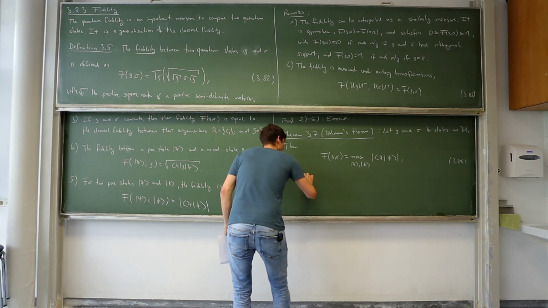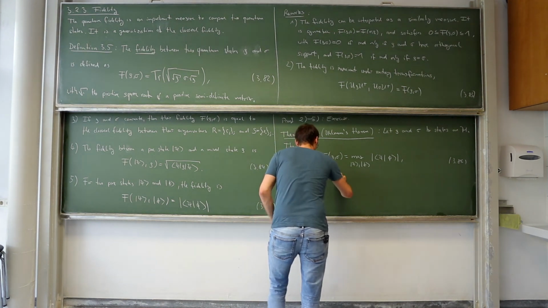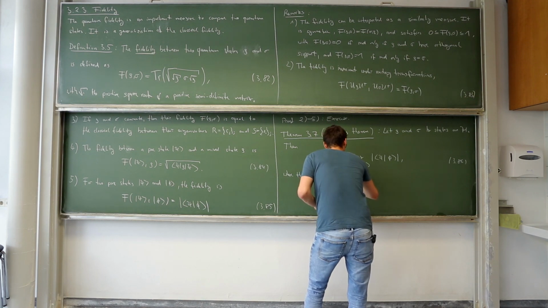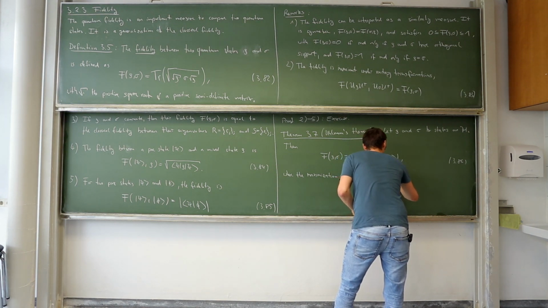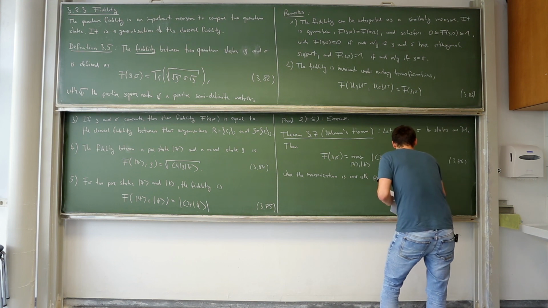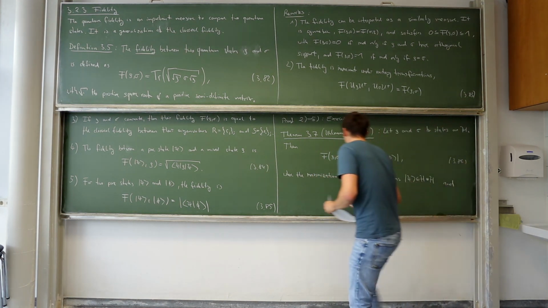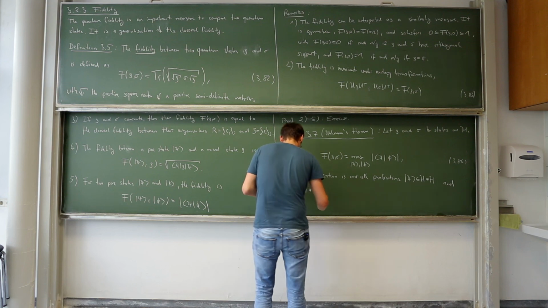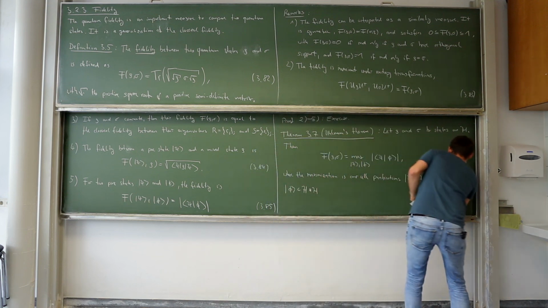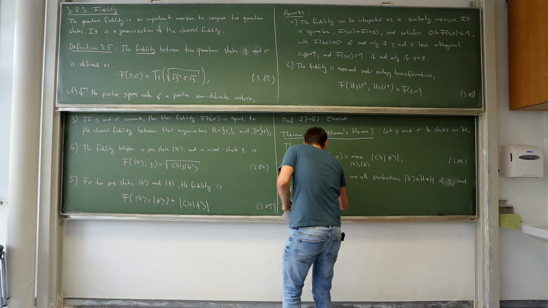The maximization is over all purifications psi, which lives in the Hilbert space H tensor H, and phi, which also lives in the Hilbert space H tensor H. So this is psi of rho and phi of sigma.